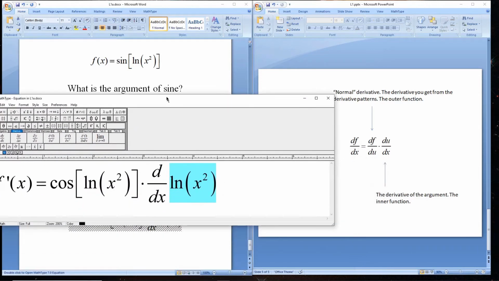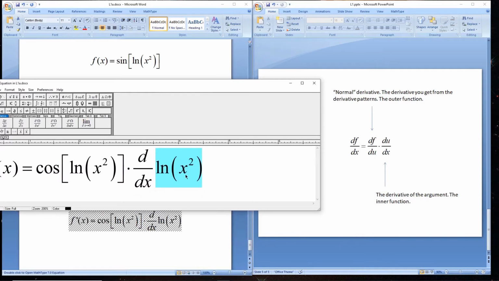Because now we have a new inner and outer. Now x squared is the inner function and log is the outer function. And so we're going to do the chain rule again.